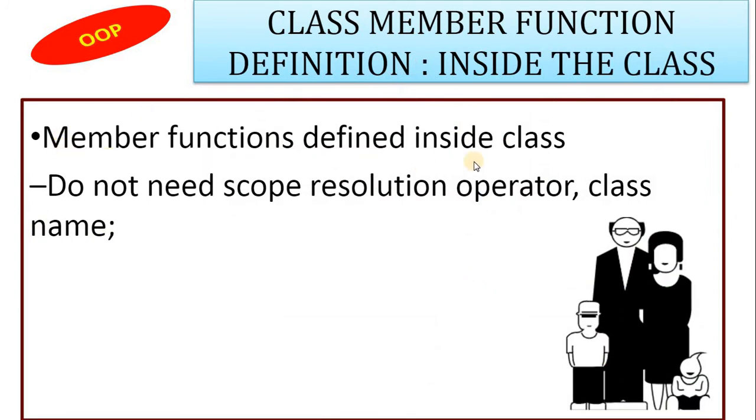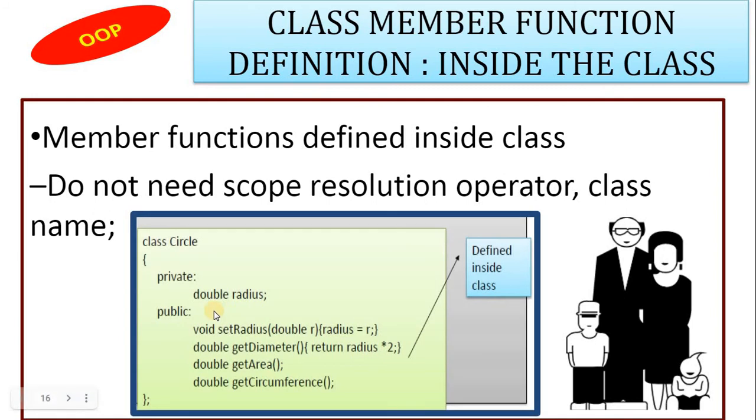When we define member functions inside the class, we do not need the scope resolution operator, and we also do not need a class name to access. That we will see here. For example, if a class circle is there, you have double radius, set radius, and get diameter defined inside the class, whereas area and circumference are not defined inside the class, as they do not have their function definition body.